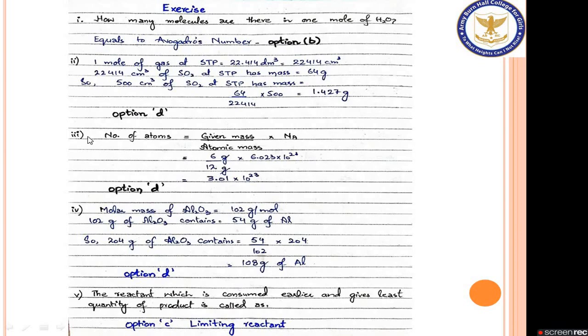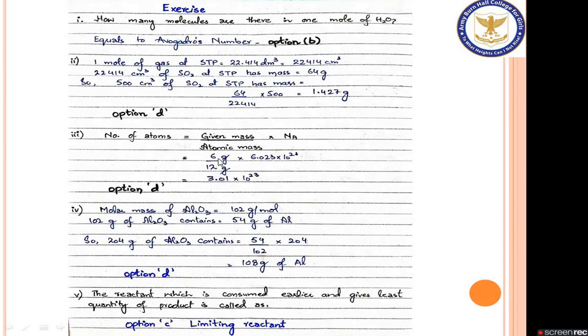Number 3. A necklace has 6 grams of diamond in it. What is the number of atoms in it? So you have to use the number of atoms formula, which I have discussed in particles. The number of atoms is equal to given mass divided by atomic mass multiplied by Avogadro's number.